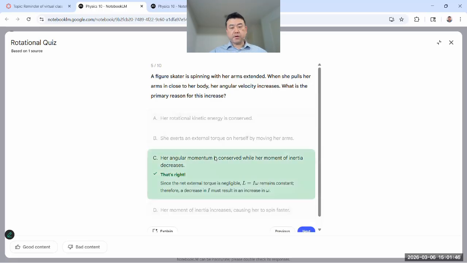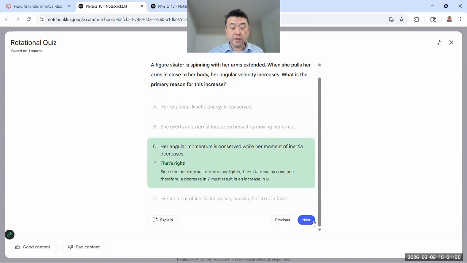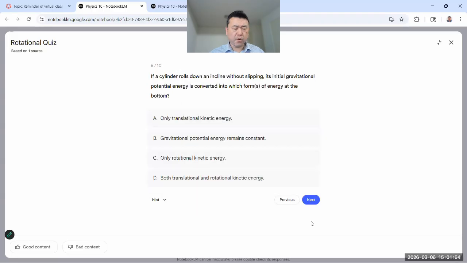In order to pull her arms in, she had to do some work on herself. So the overall energy is conserved. Right, cylinder rolls down without slipping. This is actually a pretty important condition. Kinetic, I think it's translational and rotational kinetic energy.